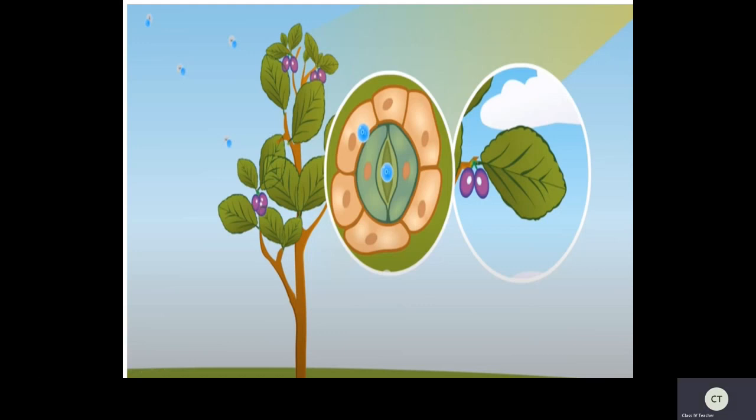Now, we have a nose, children, right, to breathe. Then how will plants breathe, children? See, this is a leaf. If you see through a microscope, you will see some small holes. Carbon dioxide is absorbed and oxygen is released through these small holes.